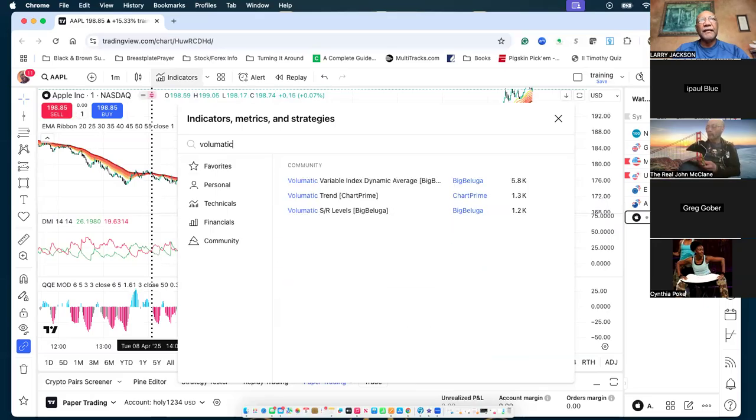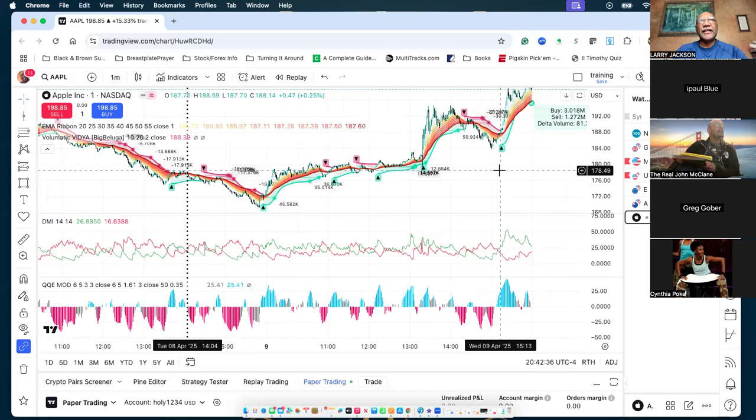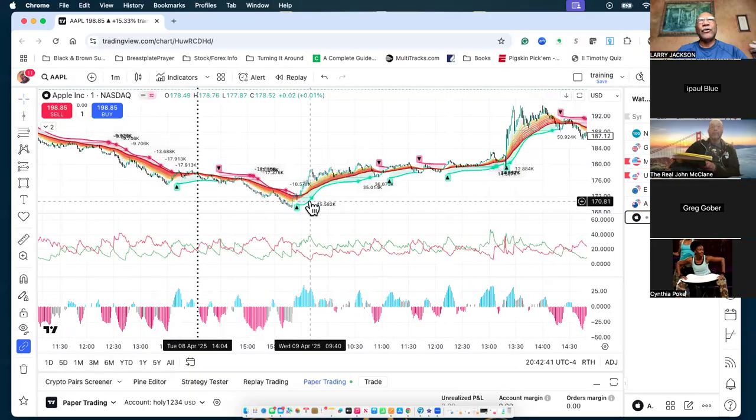It's the Volumatic Variable Index. Yes, that's it. What that does is this. Notice that it gives you red and green clouds.